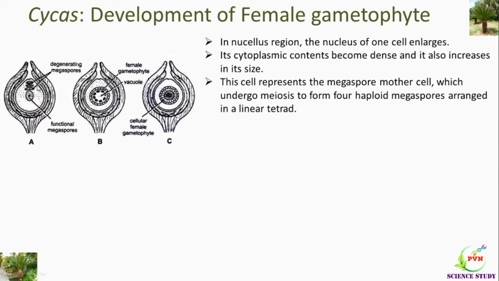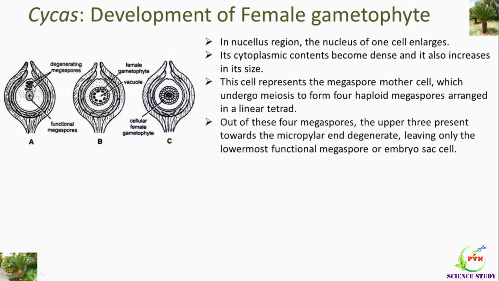This megaspore mother cell undergoes reduction division or meiosis to form 4 haploid megaspores arranged in a linear tetrad, as we can see here. Out of these 4 megaspores, the upper 3 towards the micropylar end degenerate, while the lowermost megaspore remains viable and functional, and now it will work as the embryo sac cell.